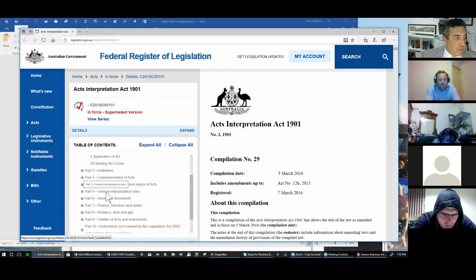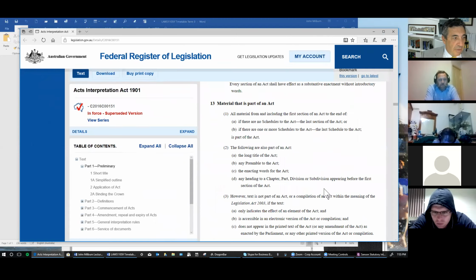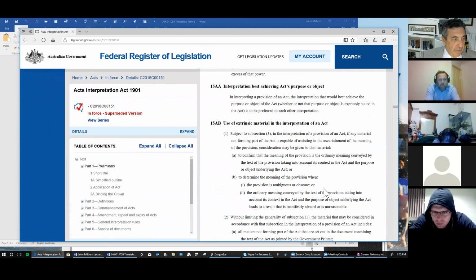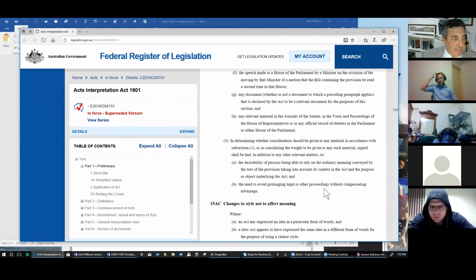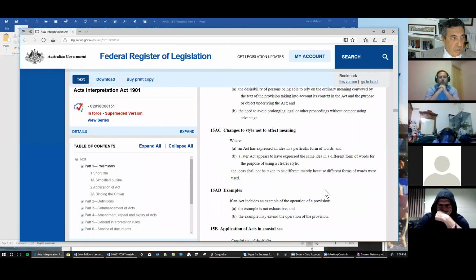If we go to Part 5, you'll see that Section 12 on, for a while, includes Section 15AC, which is the section we're talking about right now. So the point that I'm trying to make by that exercise is to ensure that when you consider looking at a particular section of an Act, you do look at the Act and the headings to get an idea and feel for it before you jump in.